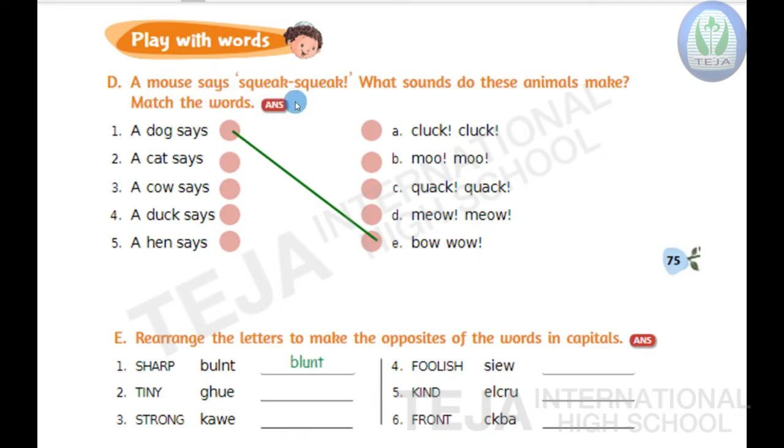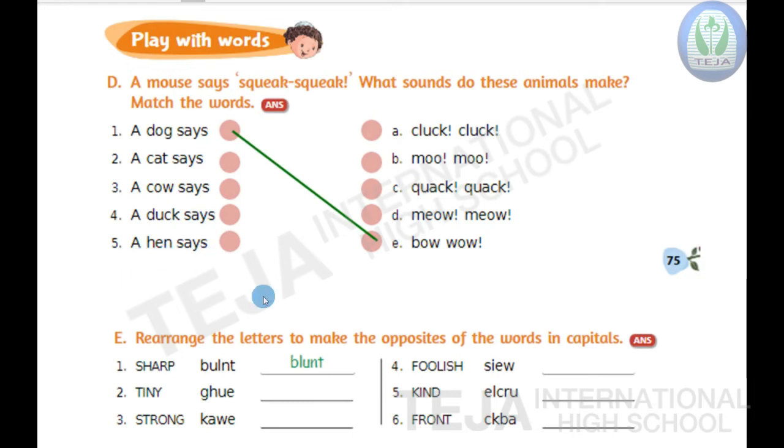Now what do these animals say? Now you have to match it. In column A, the name of the animal is given, and in column B, the sound made by these animals is given. Now you have to match it. Here in column A, a dog says, a cat says, a cow says, a duck says, and a hen says are given.